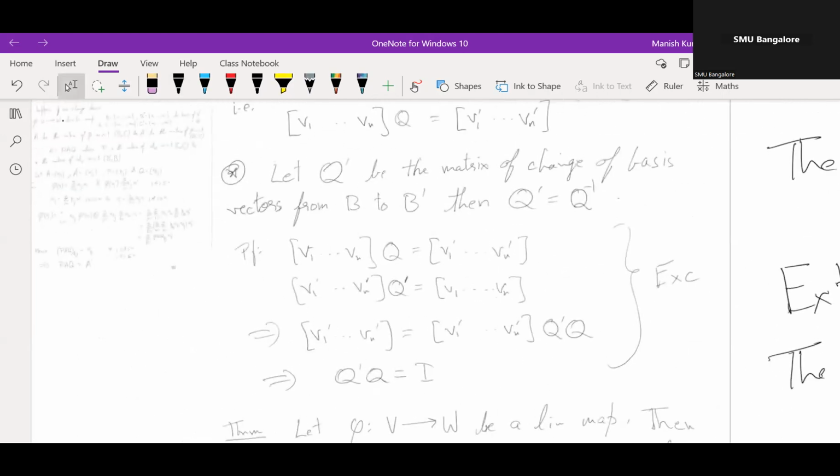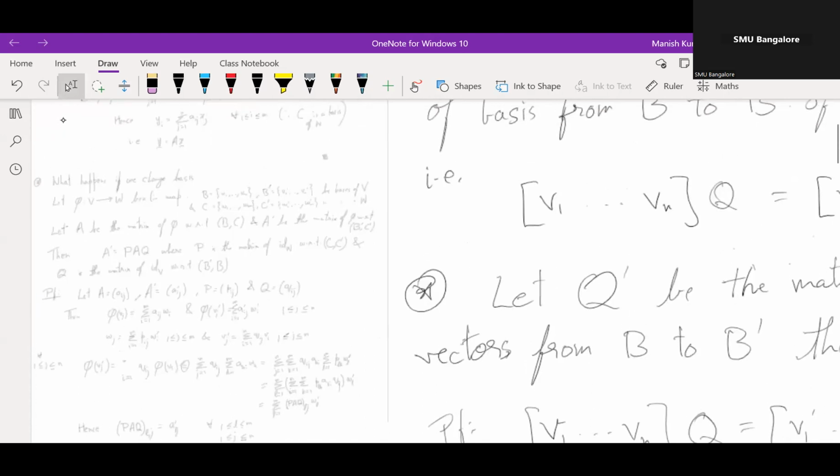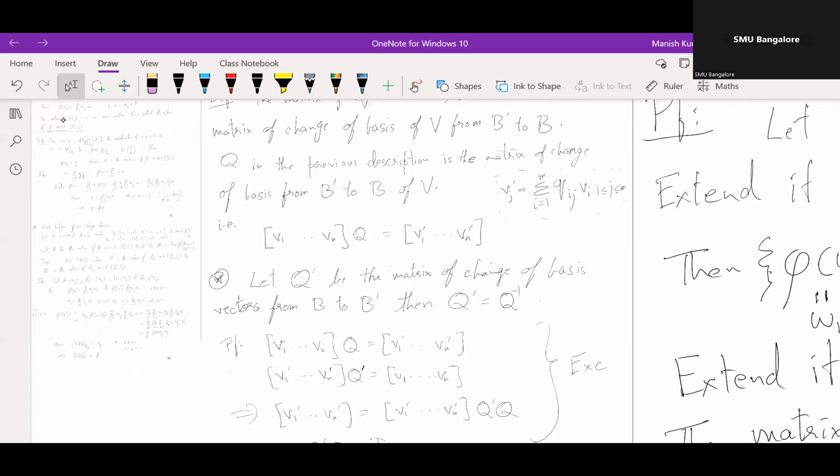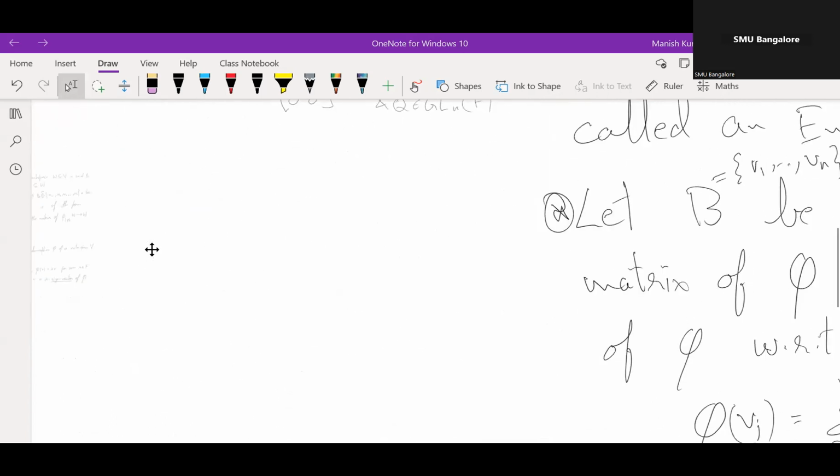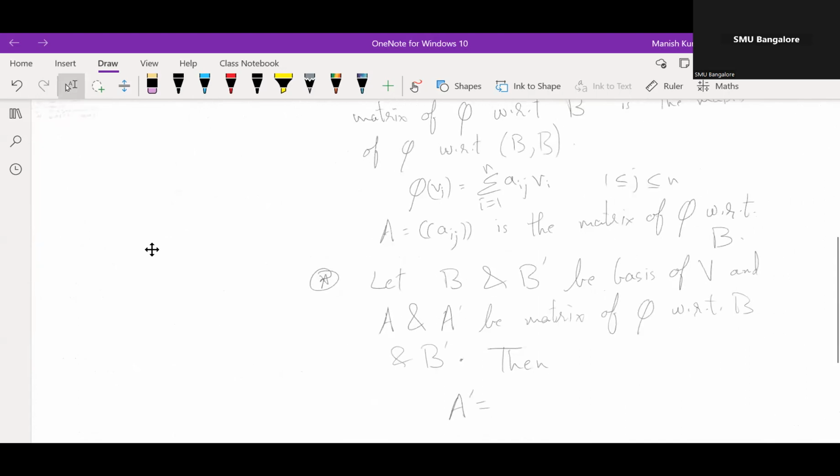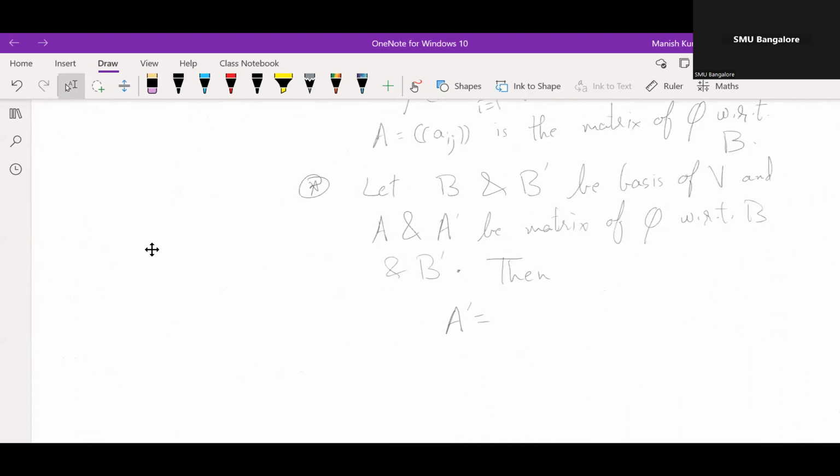So this result told us that A prime we can write as PAQ. But now we have the same vector space. What was P? P was the change of basis matrix from C to C prime, and Q was the change of basis matrix from B prime to B. But here C is the same as B, so P and Q are inverses of each other.